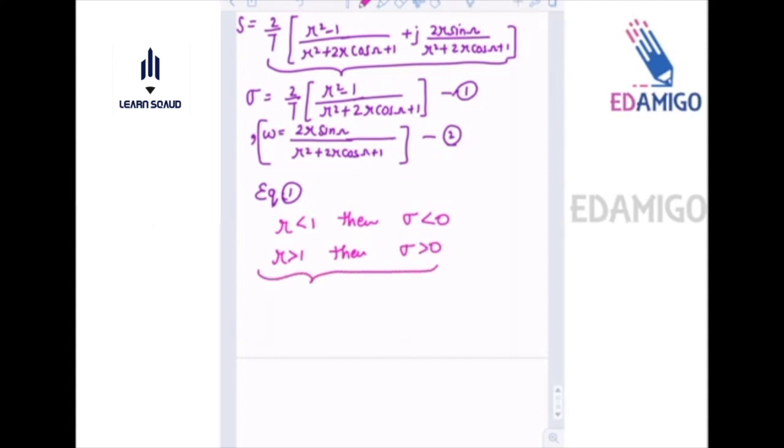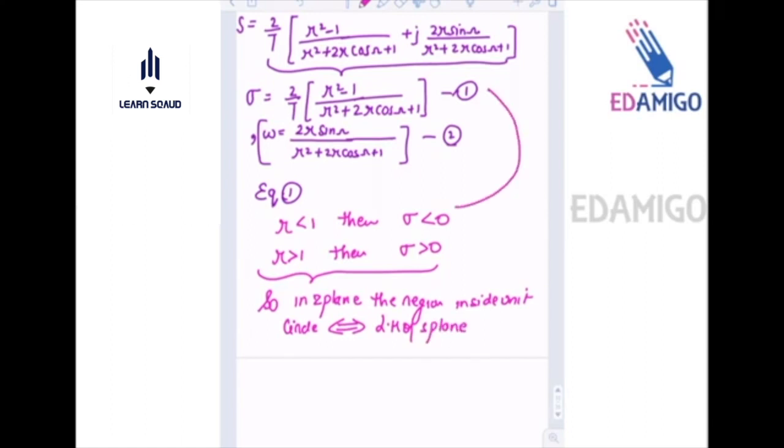So we can say that in the z plane, the region inside the unit circle is similar to the left half of the s plane. Okay, simple. We can see this now from equation number 1.